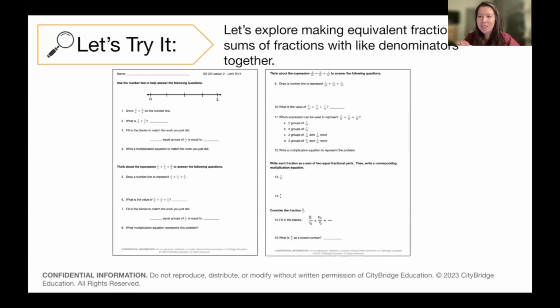So if we're looking at eighths, the denominator is always going to be eighths. If we're looking at fourths, the denominator is always going to be fourths. That's because the size of the pieces remain the same, just like we saw today. We're not changing sevenths into fourths or thirds. They stay the same. Don't forget that today, that if you're working with eighths, they always stay eighths. Those sizes aren't changing. All right, let's do some problems together.